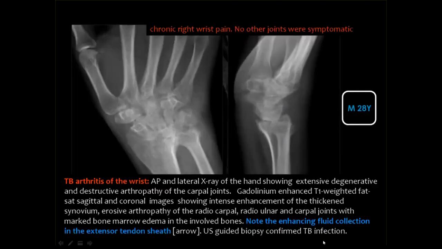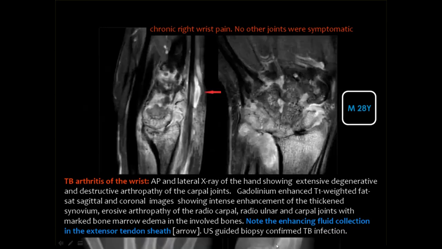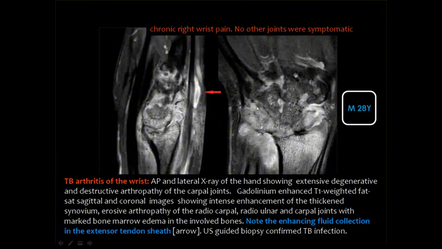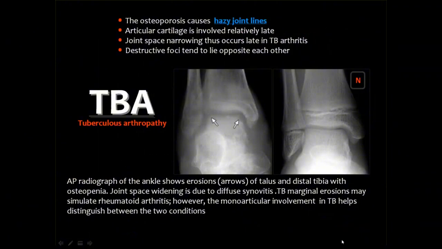In this example, you get destructive changes in the wrist joint with destruction of some of the carpal bones. On MRI, you get extensive bone marrow edema, destructive changes in the carpal bones, and also fluid in the distal radioulnar joint, as well as in the intercarpal joints, together with fluid along the extensor tendon sheaths, which may indicate the presence of tenosynovitis.